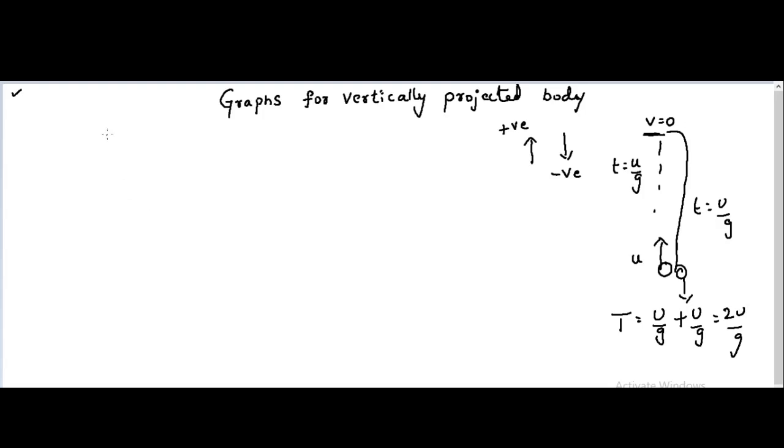And see, what is the graph for speed versus time? When the object is moving upwards, the speed reduces to zero linearly.